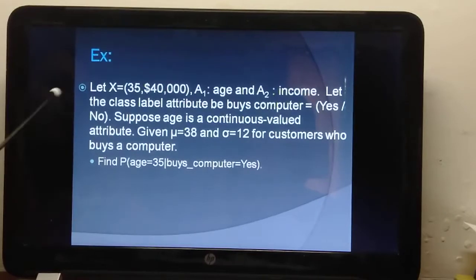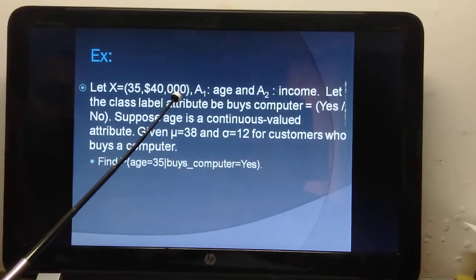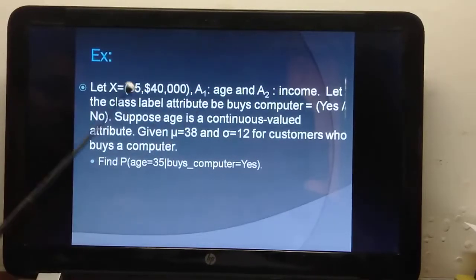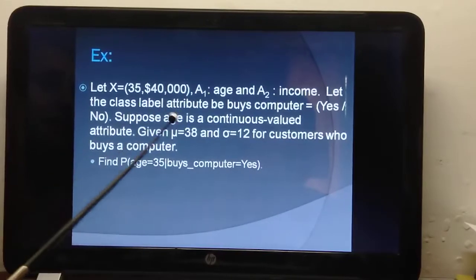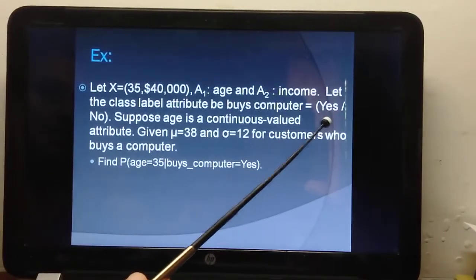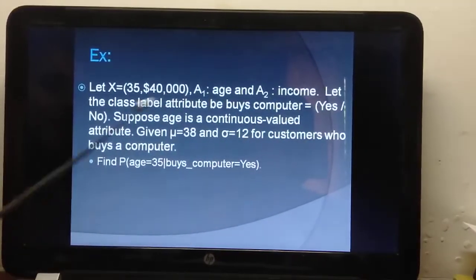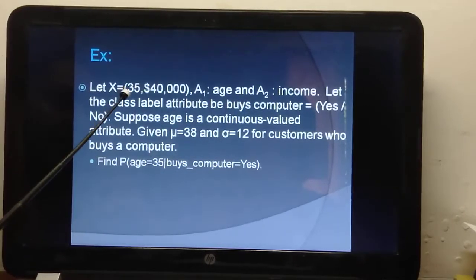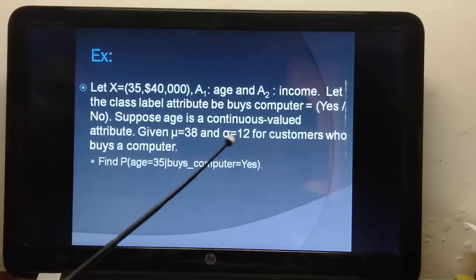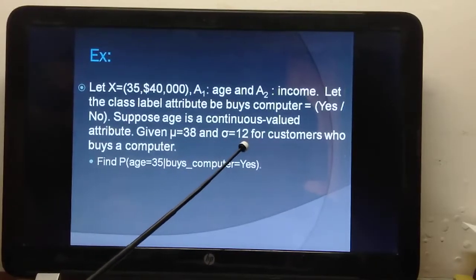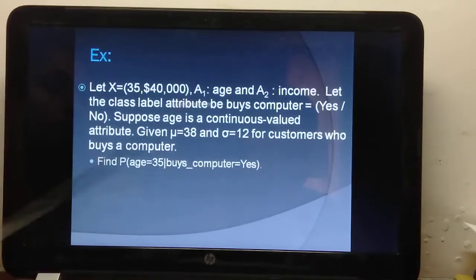In this example, let X be equal to (35, 40,000), where A1 is age and A2 is income. Let the class label be yes. Suppose age is a continuous-valued attribute, and we are given that the mean value of age is 38 and the standard deviation is 12 for customers who buy a computer.